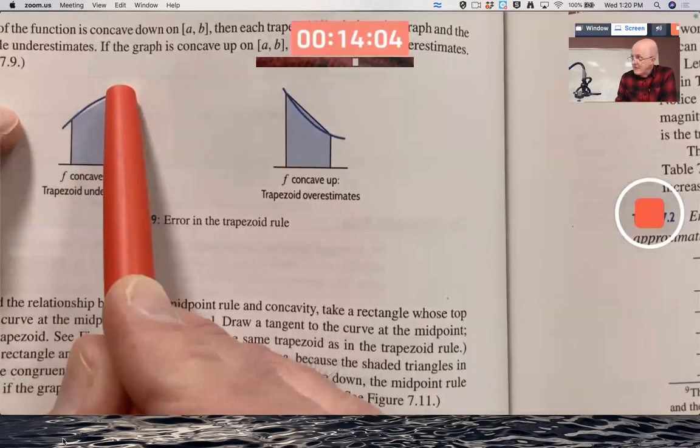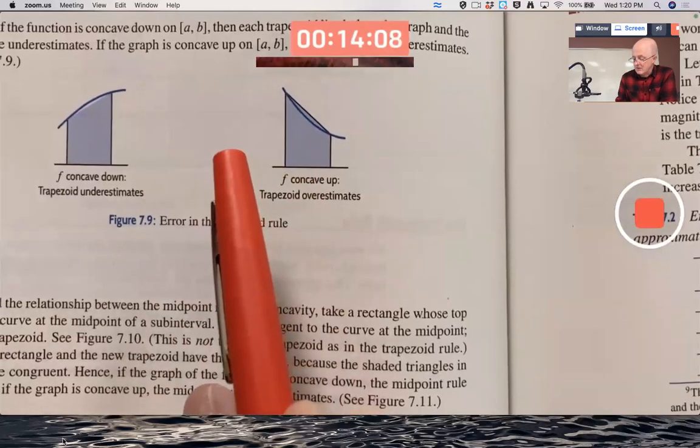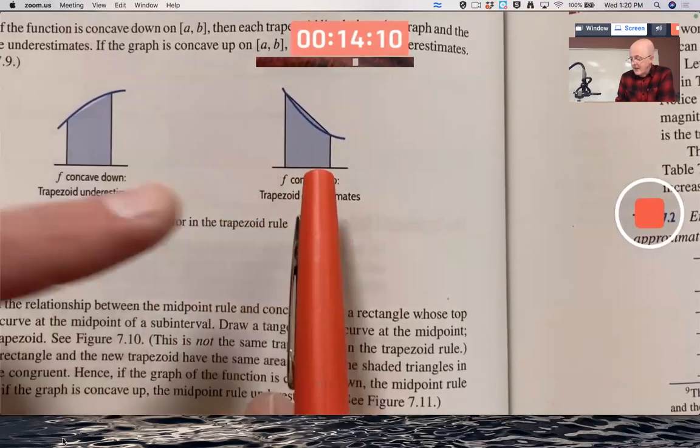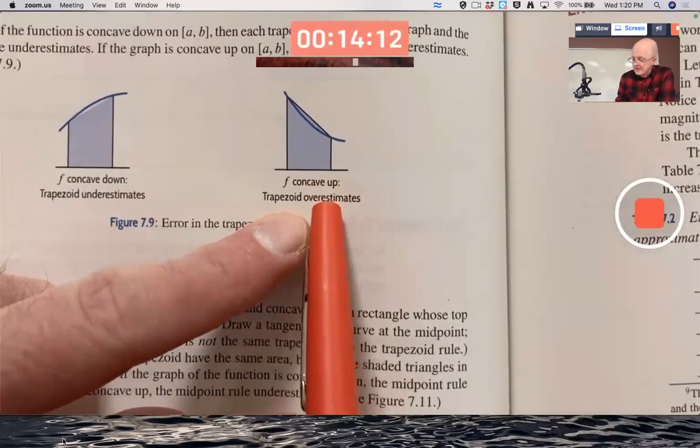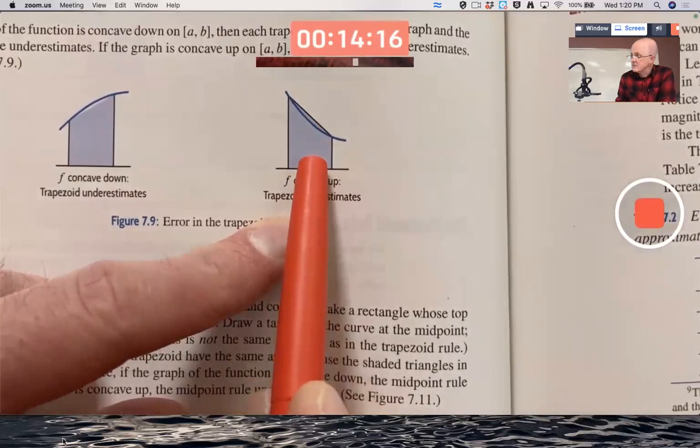And if the graph's concave down, that line is going to be underneath the curve, so the area is going to be too small. On the other hand, when the graph's concave up, the secant line is above the curve, and the area of that trapezoid is too big.